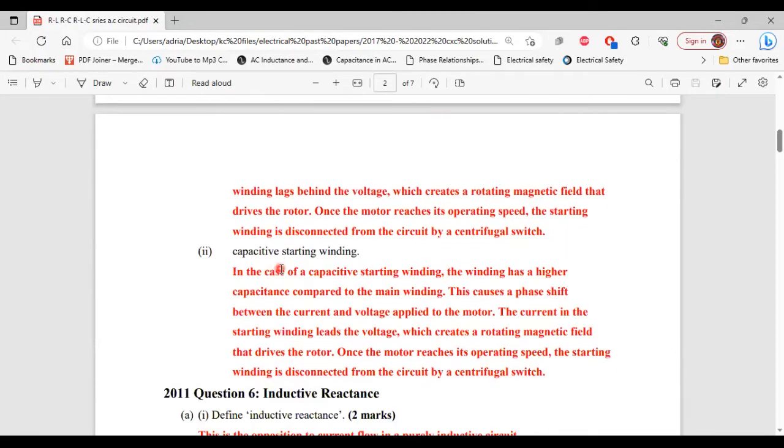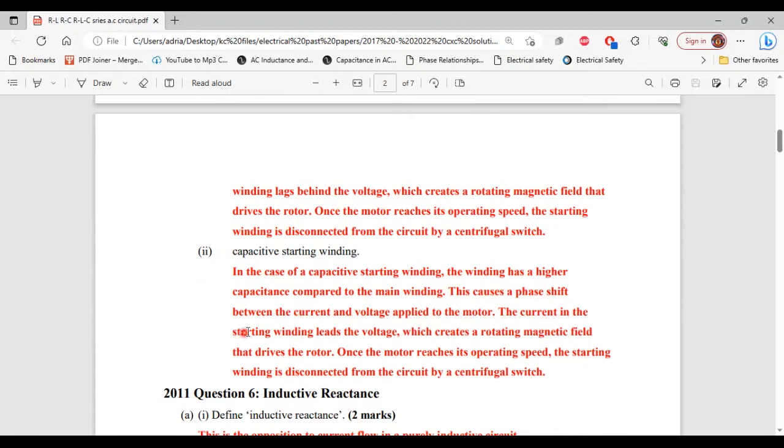For part 2, it says capacitive starting winding. In the case of a capacitive starting winding, the winding has a higher capacitance compared to the main winding. This causes a phase shift between the current and voltage applied to the motor.